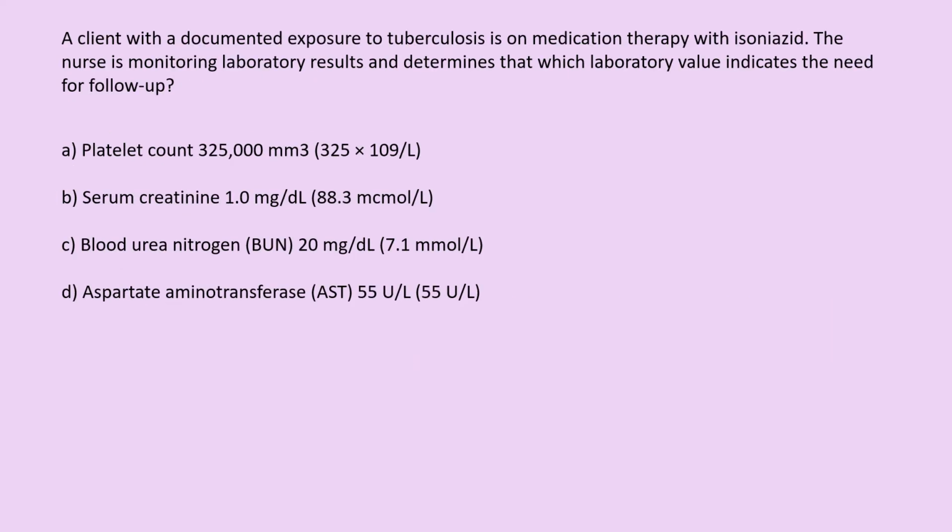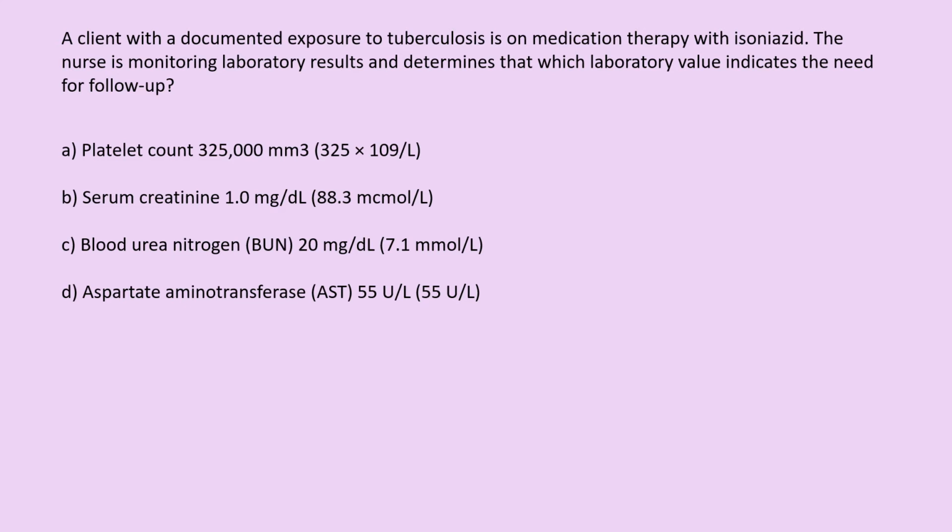A client with a documented exposure to tuberculosis is on medication therapy with Isoniazid. The nurse is monitoring laboratory results and determines that which laboratory value indicates the need for follow-up. A. Platelet count 325,000 cubic millimeters, 325 times 10^9/L. B. Serum creatinine 1.0 milligrams per deciliter, 88.3 micromol/L.